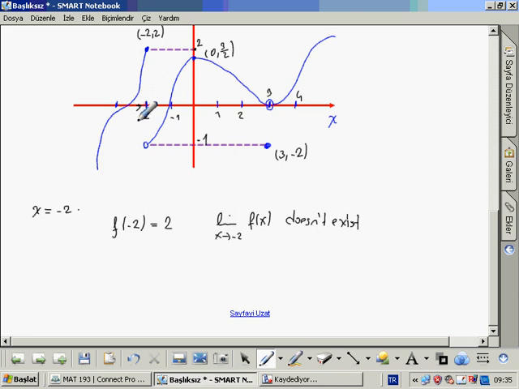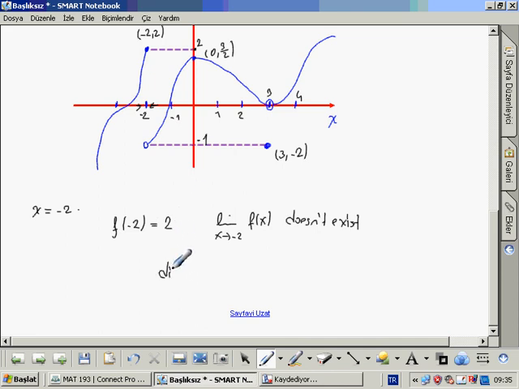So two sides are not equal to each other, so we can say the limit does not exist. So the function value and the limit aren't the same, and so the function is not continuous at this point, okay, and we can call it a jump discontinuity, okay.